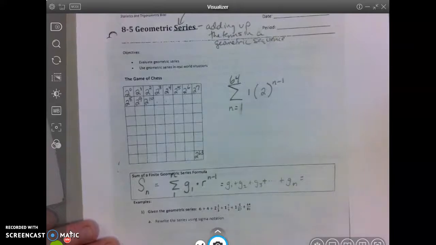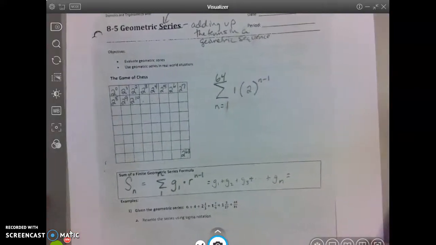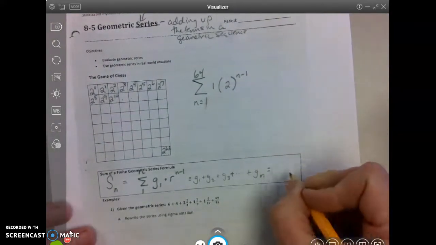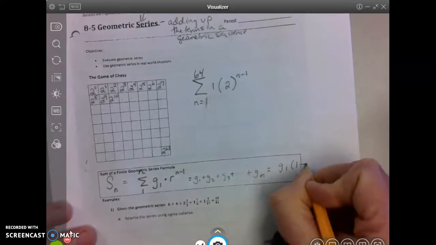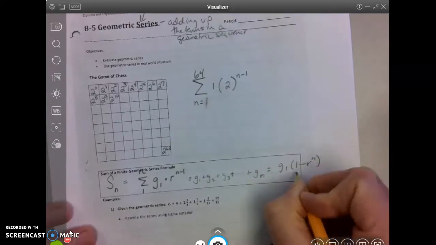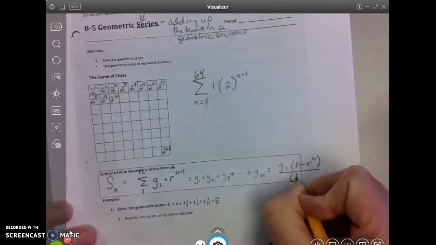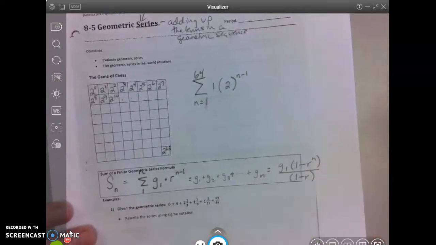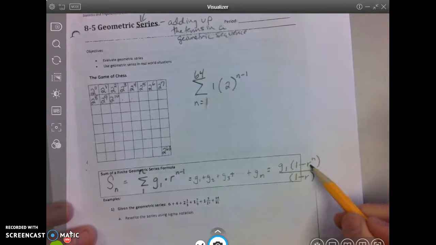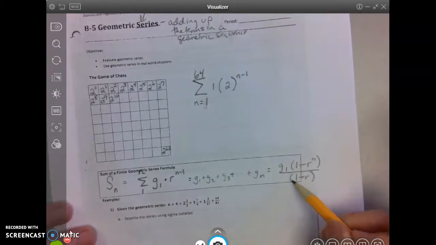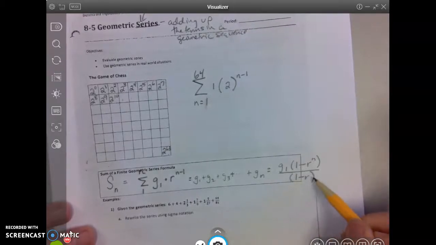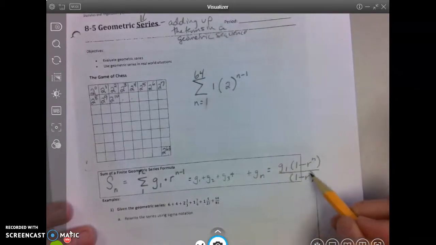The formula for that geometric series is g sub 1 times 1 minus r to the n divided by 1 minus r. Now notice the n here is only on the r. It's not on the outside of the parenthesis. A lot of people want to put it out there. It's not. And make sure when you divide, it's 1 minus r. You've got to make sure you have parentheses around this, okay?